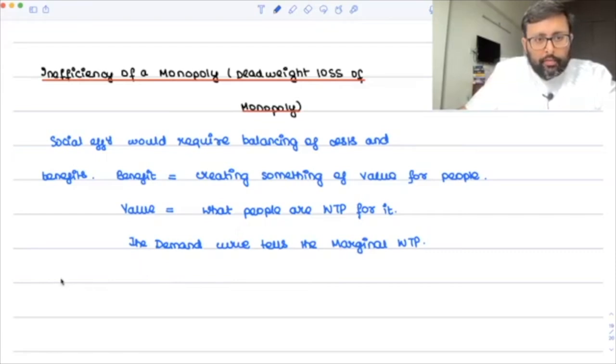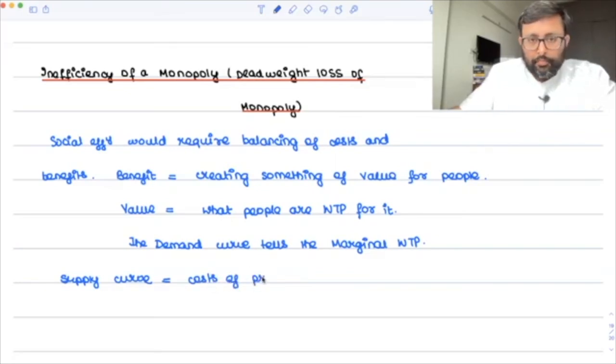The supply curve measures the costs of producing the good.